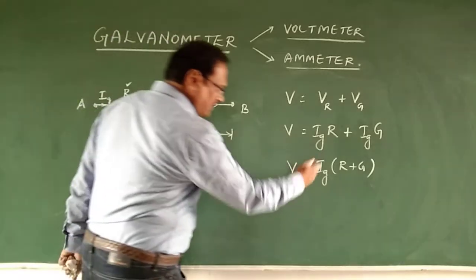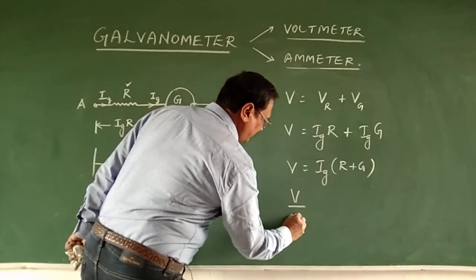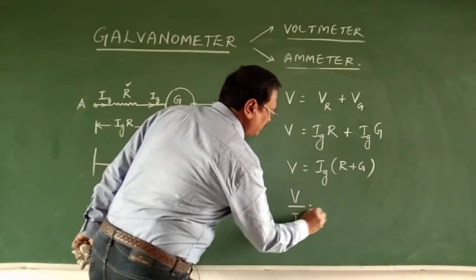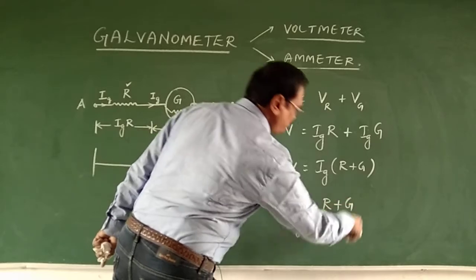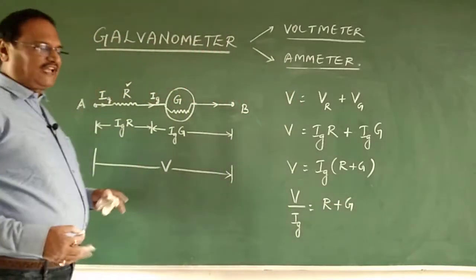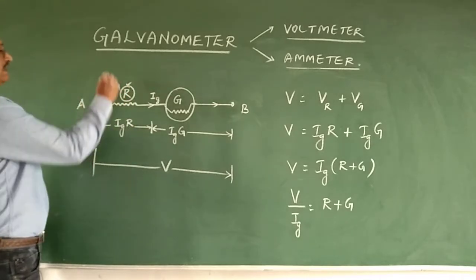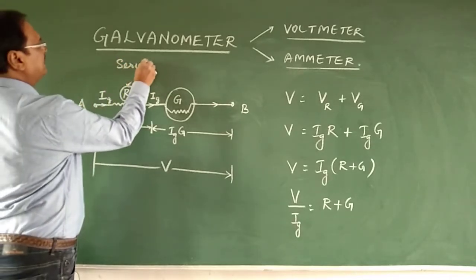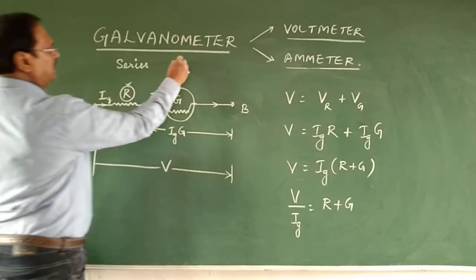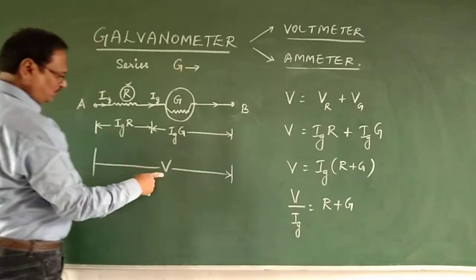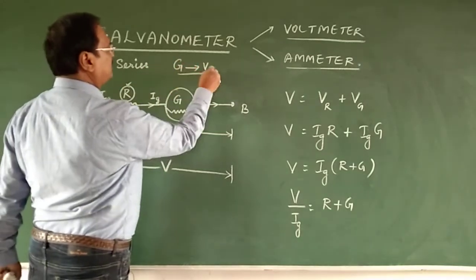Let me bring the Ig down to the denominator on this side: V upon Ig is equal to R plus G. What am I trying to calculate? What resistance should I connect in series to convert a galvanometer into a voltmeter?